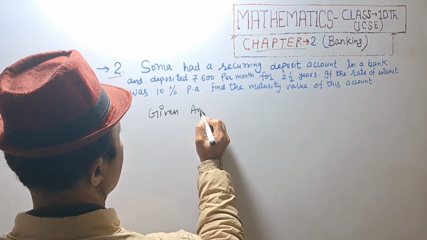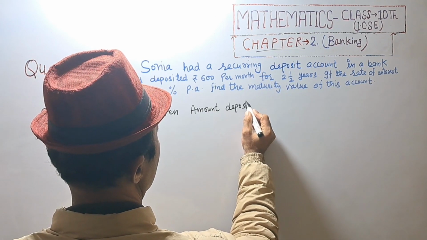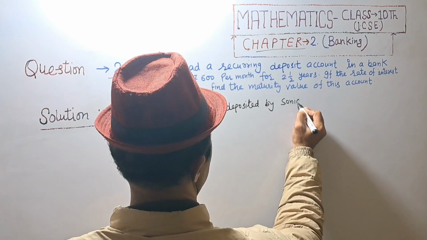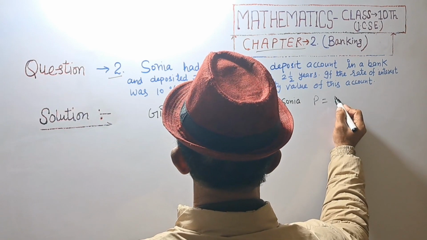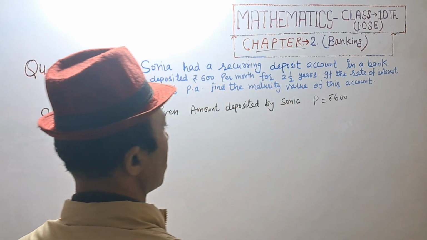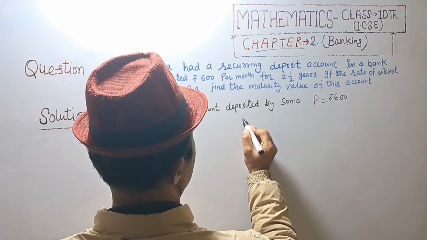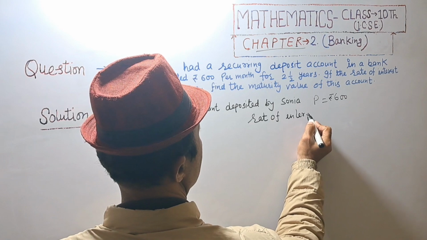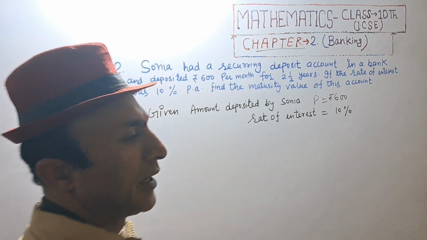Given: the amount deposited by Sonia, P is equal to 600 rupees, and the rate of interest R is equal to 10%.